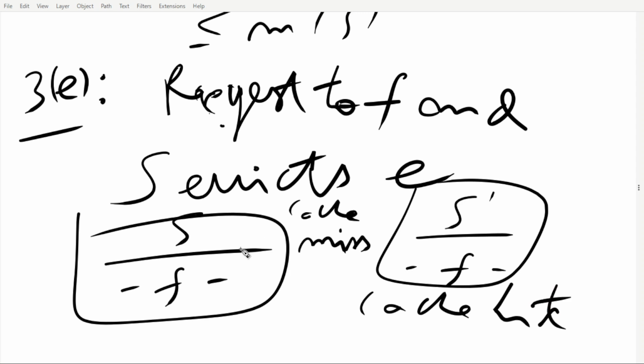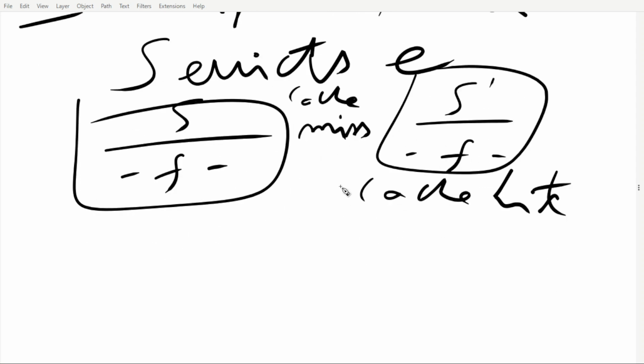So now once again S and S prime have the same cache, and once again our observation is that the cache misses of S prime are at most the cache misses of S.